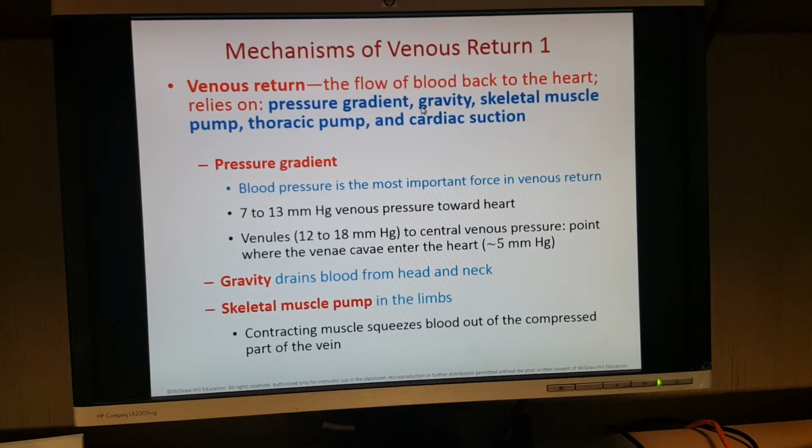Gravity just does its job. If you're standing up or sitting up, gravity is able to drain blood from your head and neck region. In your limbs, you have your skeletal muscle pump. Those large muscles in your limbs push against the veins when they contract.